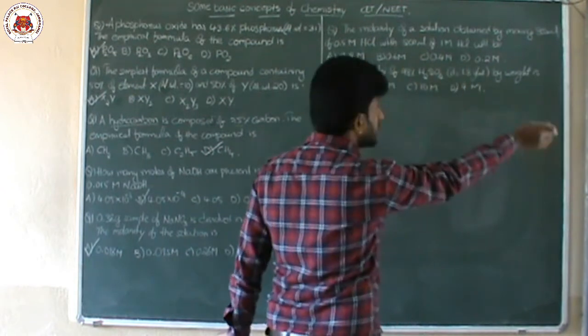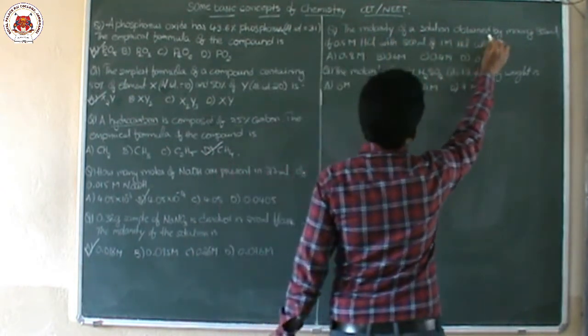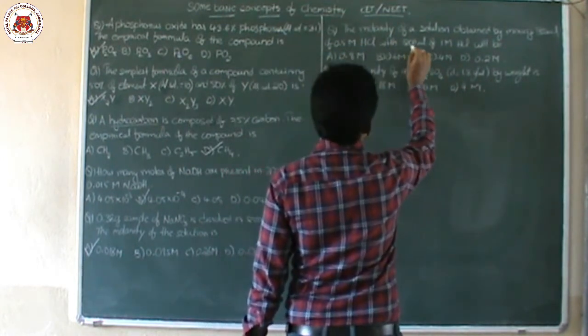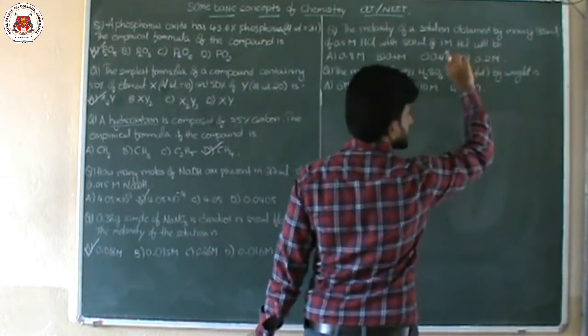Next question is, the molarity of a solution obtained by mixing 800 ml of 0.5 molarity HCl with 200 ml of 1 molarity HCl.